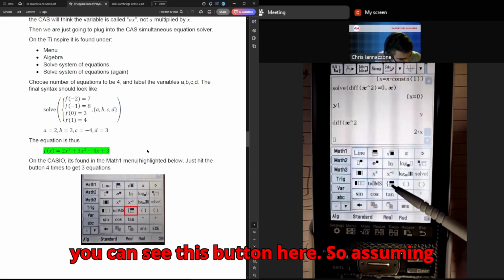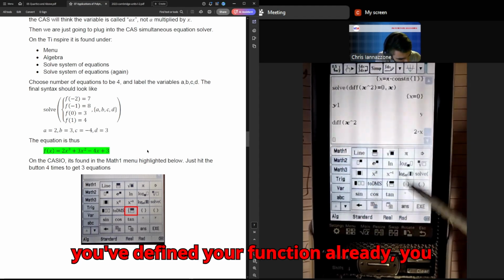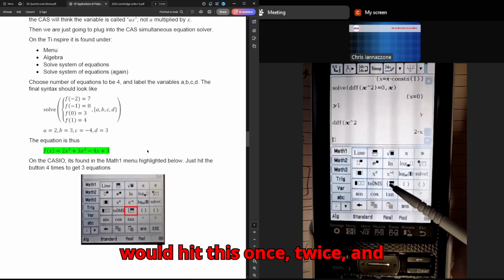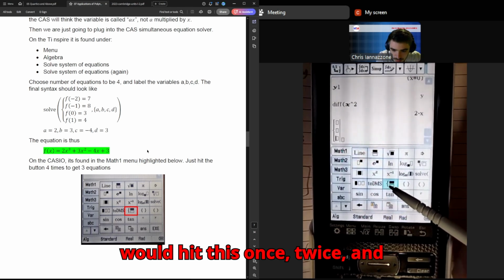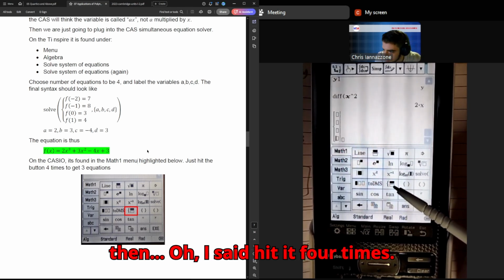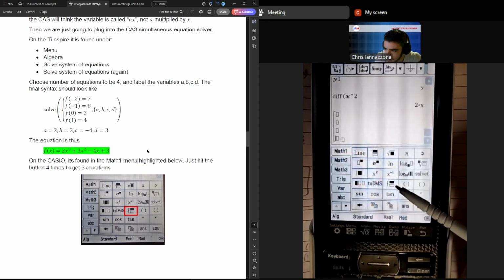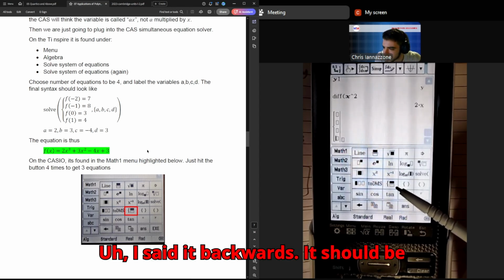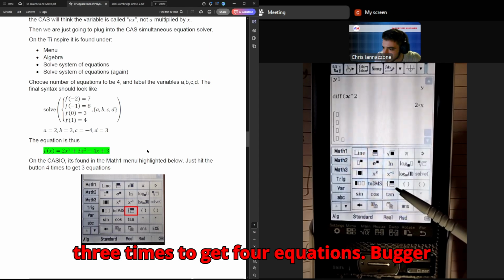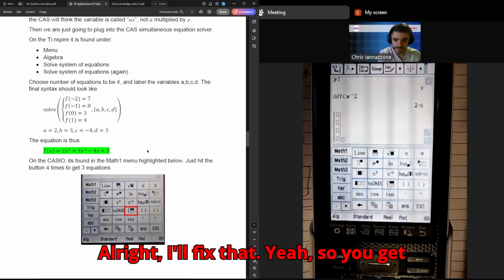And you can see this button here. So assuming you've defined your function already, you would hit this once, twice, and then, oh, I said hit it 4 times. Oh, I said it backwards. It should be 3 times to get 4 equations. Bugger. Alright, I'll fix that.